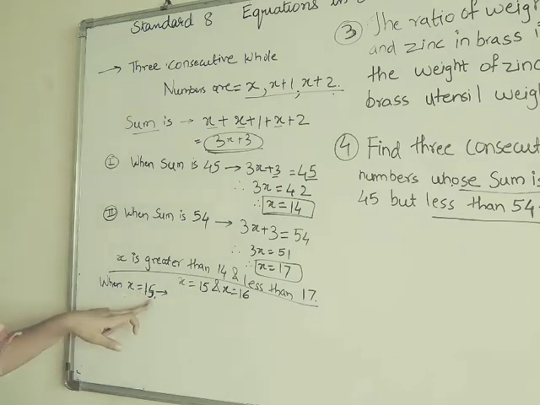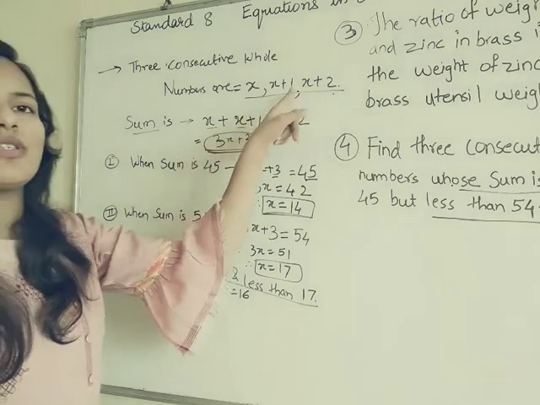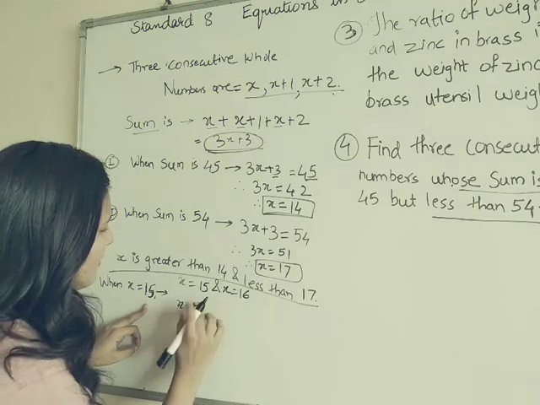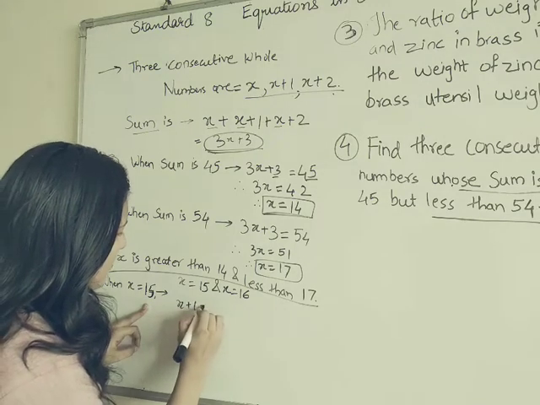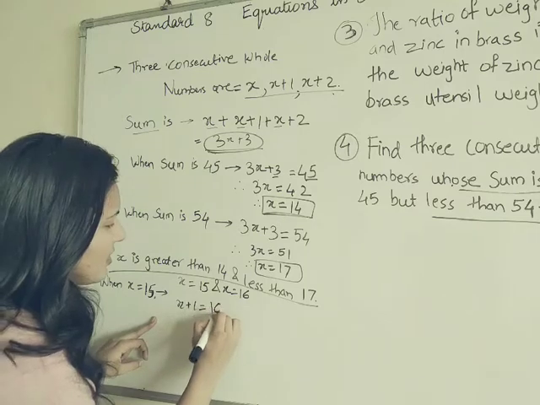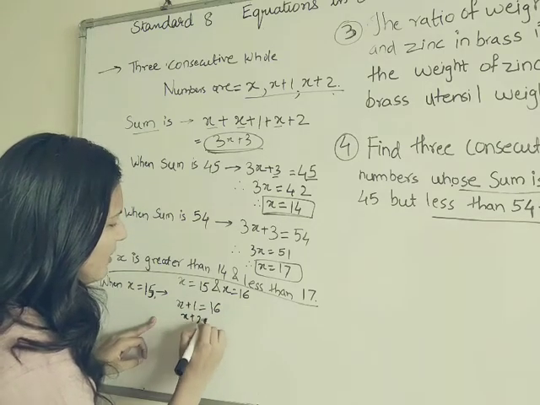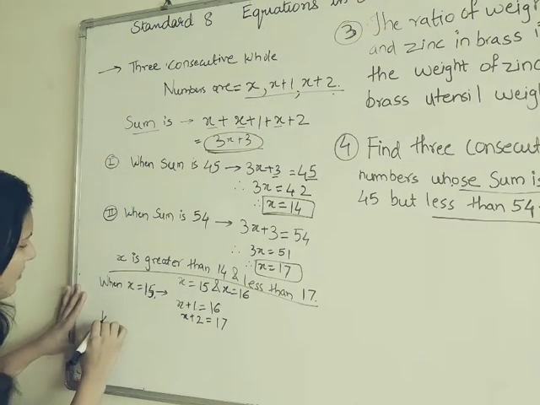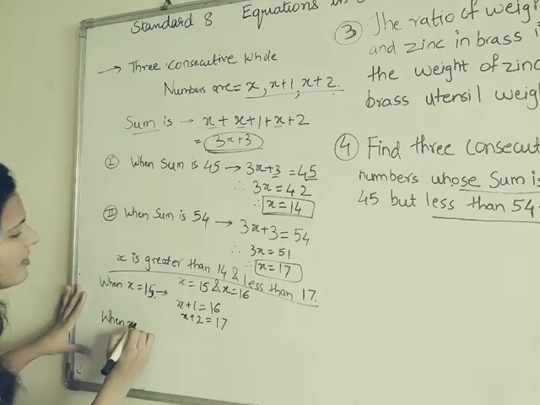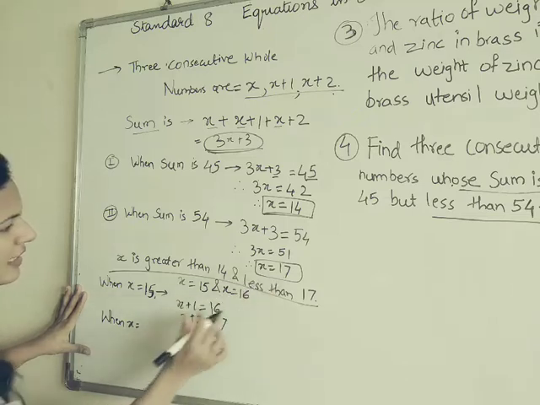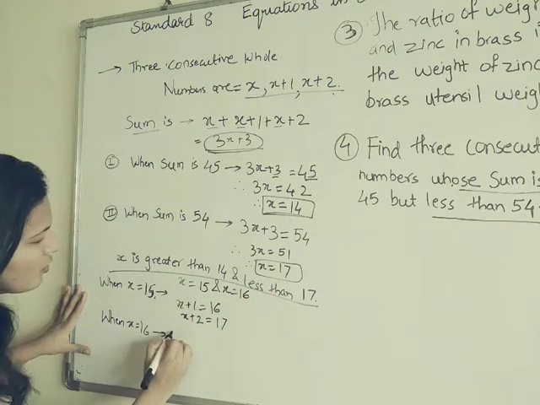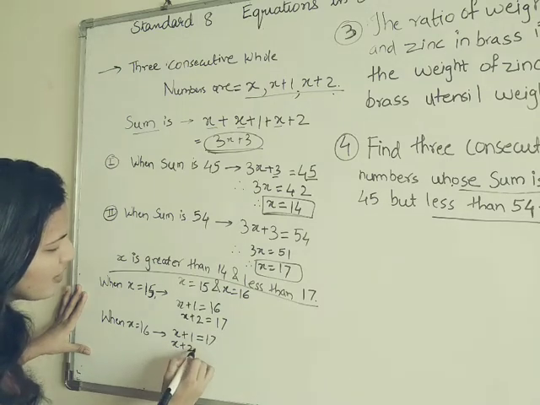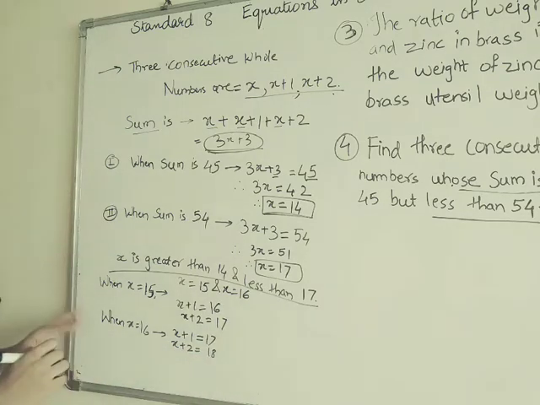So if x is equal to 15, what will be the three consecutive numbers? x plus 1 would be 15 plus 1 is 16, and x plus 2 would be 15 plus 2 is 17. And when x is equal to 16, the consecutive numbers would be x plus 1 is 17 and x plus 2 is 18.